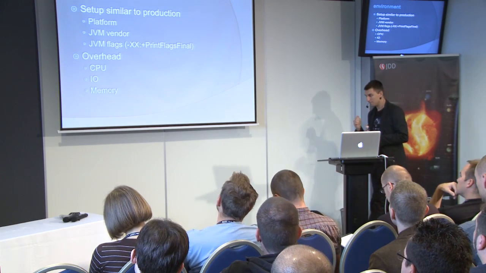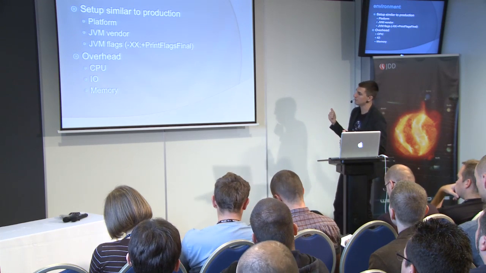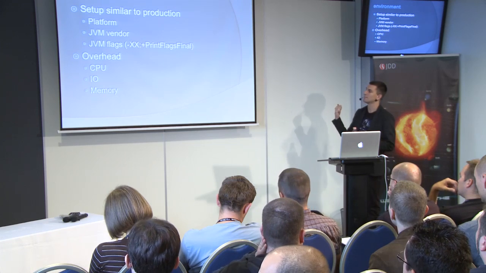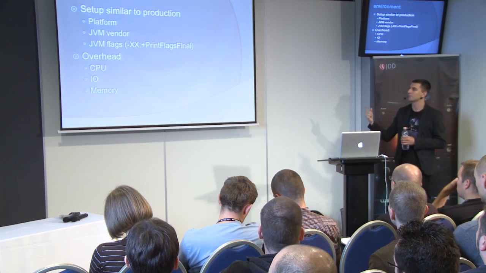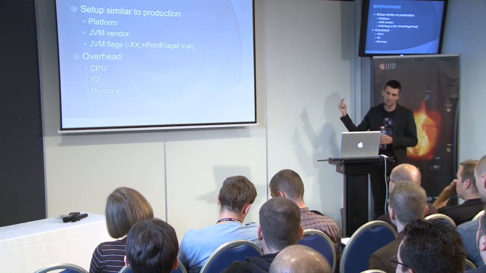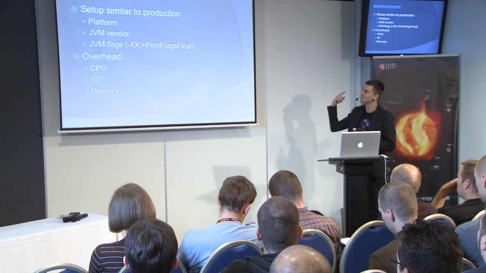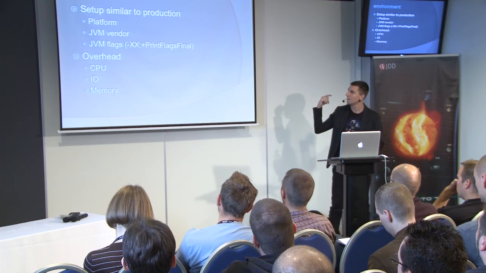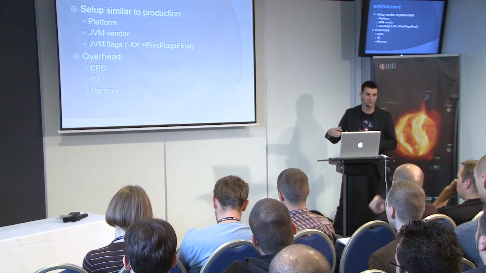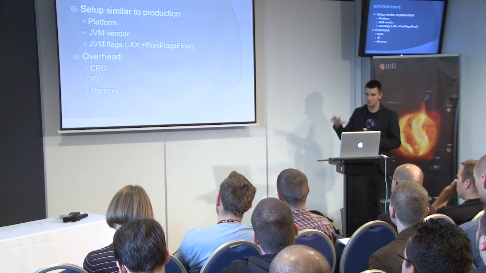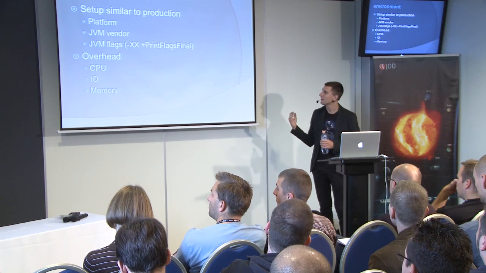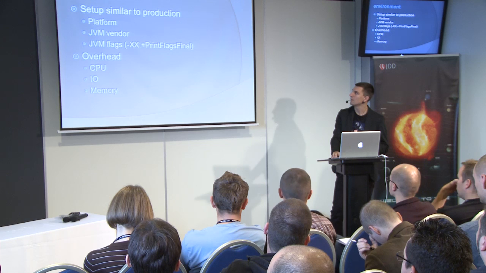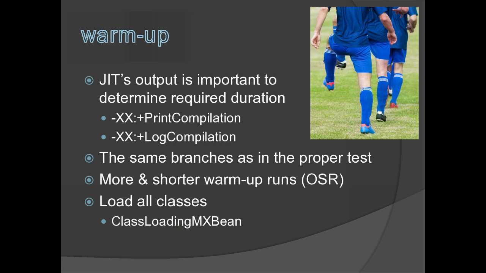It's very important not to play Diablo 3 during execution of microbenchmarks. The same as watching YouTube. It could raise the CPU utilization, I/O, and memory footprint. So we have to get a stable environment without overhead.